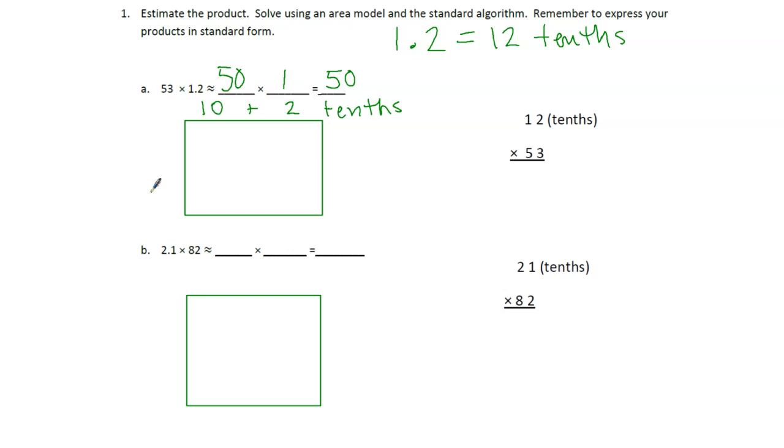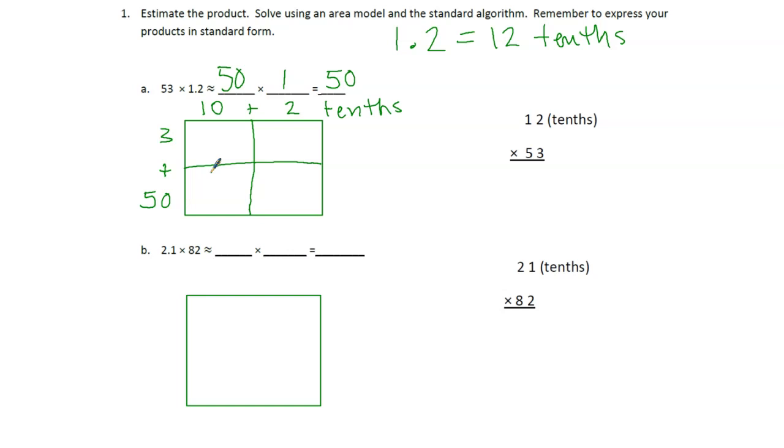Now for my 53, I'm going to decompose that as 50 plus 3. Our vertical side here, we break this factor down as the heavier place value digits, or in this case the tens are going to be worth more than the 1, so the tens will sink down to the bottom. Go ahead and make our lines straight from our plus signs, our partitions.